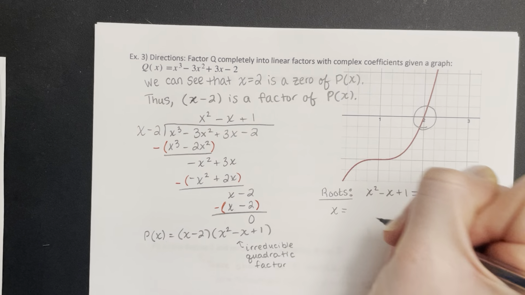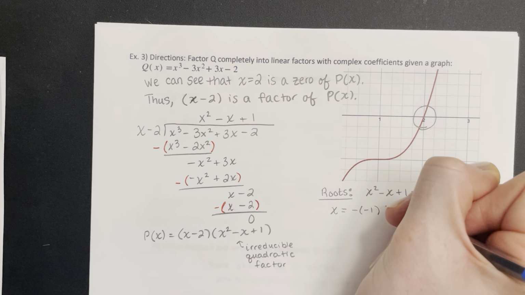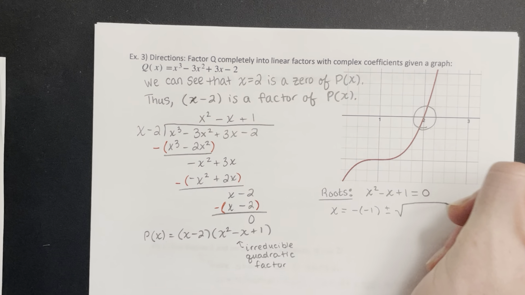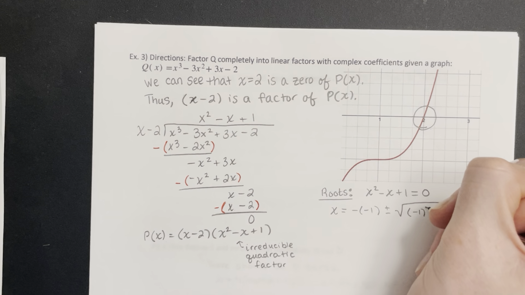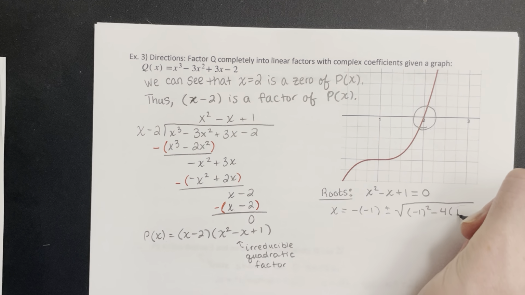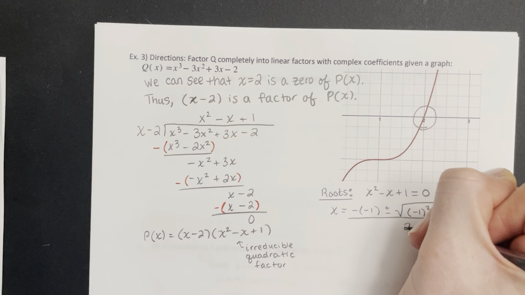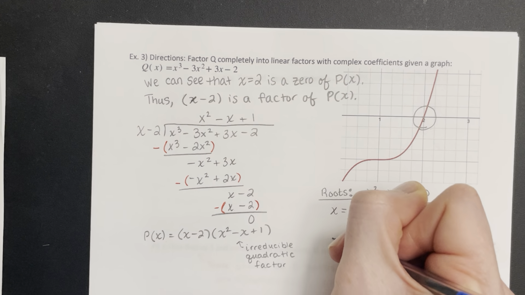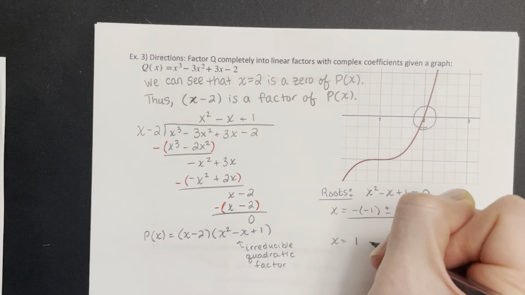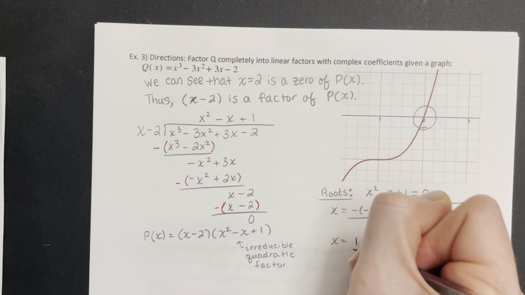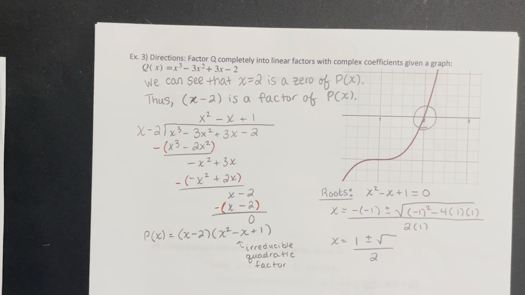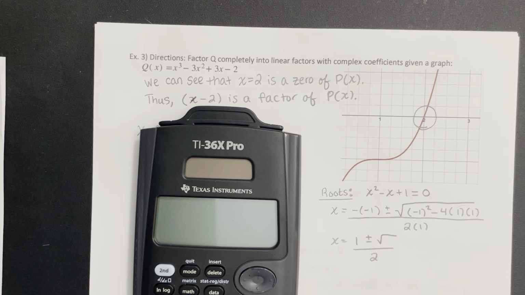So x equals negative b plus or minus the square root of b squared minus 4ac all over 2a. So once I do that quadratic formula, we'll have the other two roots.